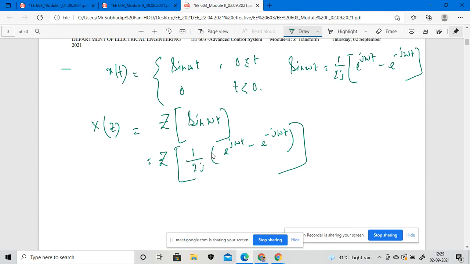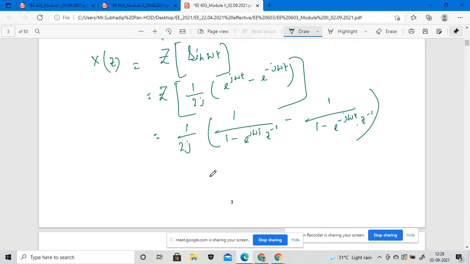If I apply the z transformation, this will be the imaginary part, so it will come out. Then, same as the cosine function, it will come 1 divided by 1 minus e to the power j omega t z inverse, minus again this one, 1 divided by 1 minus e to the power minus j omega t into z inverse, right?